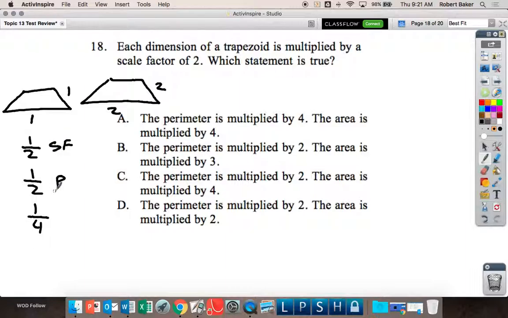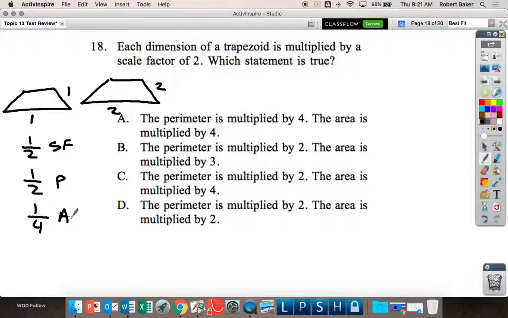Scale factor, perimeter ratio, and area ratio. Is the perimeter 4 times bigger? The perimeter is 2 times bigger and the area is 3 times bigger? Or the perimeter is multiplied by 2 and the area is multiplied by 4?